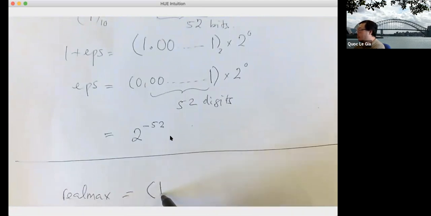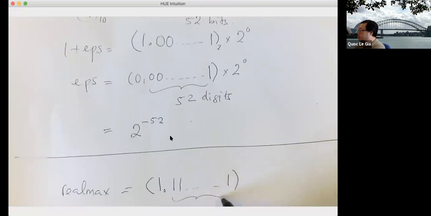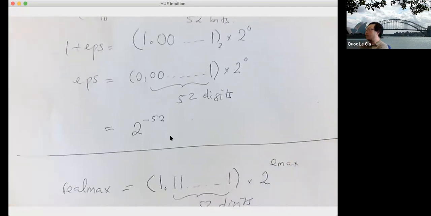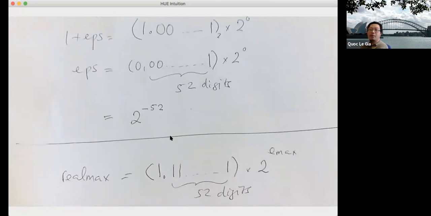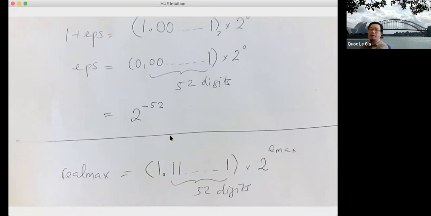Remember the odometer. The maximum is when I turn everything on to 1, to the maximal value, so 52 digits. And now 2 to the power E max. So what is E max? E max is the maximal value of the exponent.